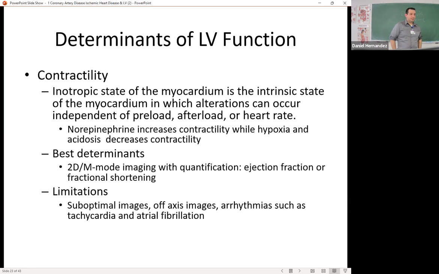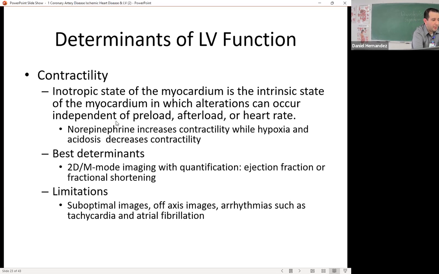With contractility, this is the inotropic state of the myocardium, the intrinsic state of the myocardium, in which alterations can occur independent of preload, afterload, and heart rate. This is how well the myocardium is able to contract, and the force at which it contracts.